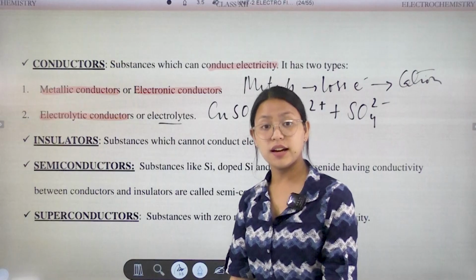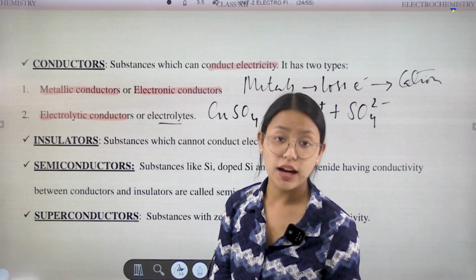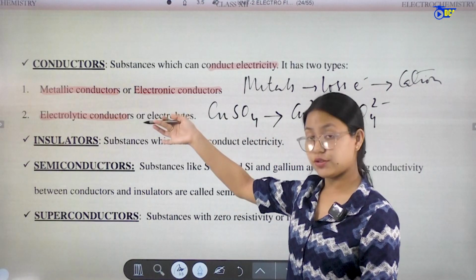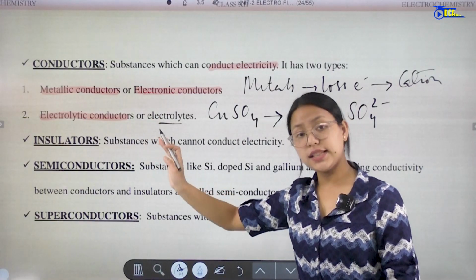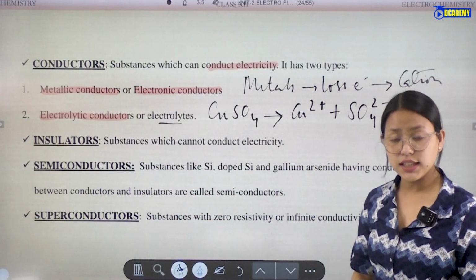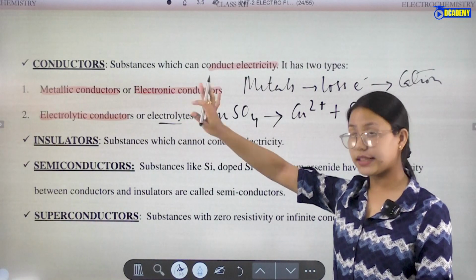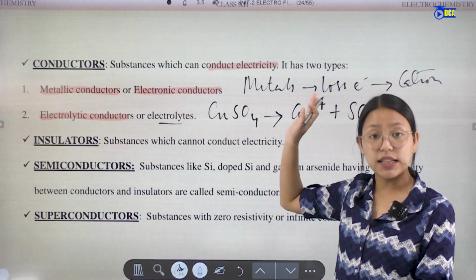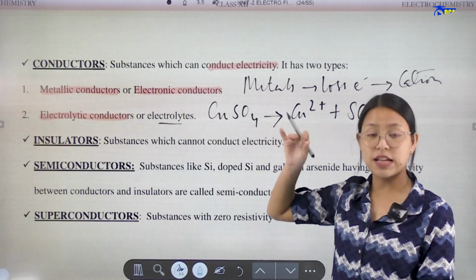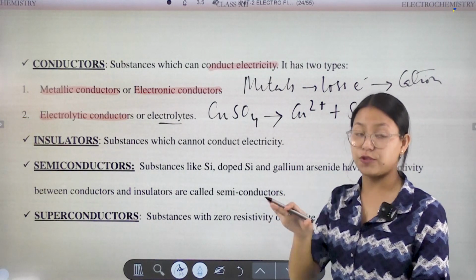So electrolytes or electrolytic conductors are ionic conductors, and metallic conductors are known as electronic conductors because they can lose electrons.